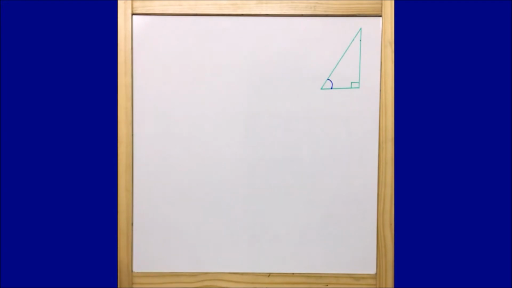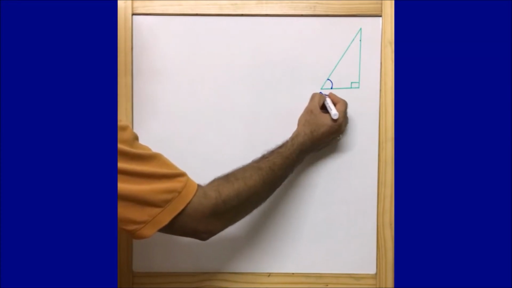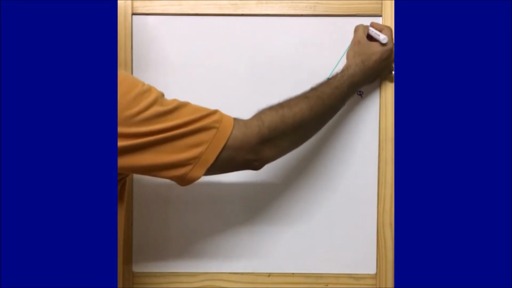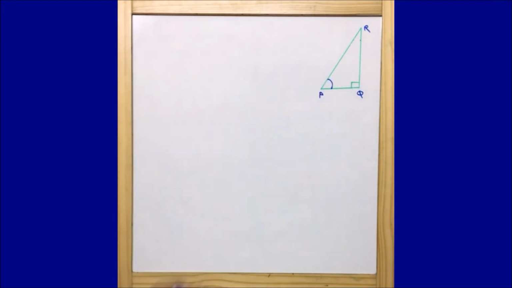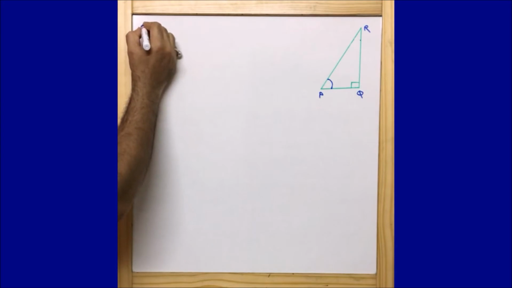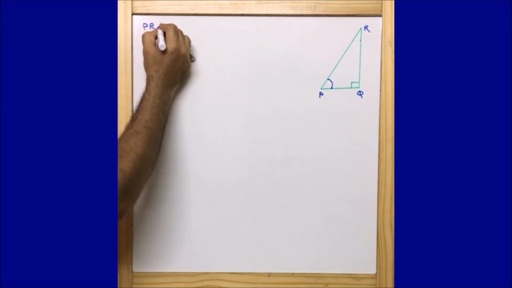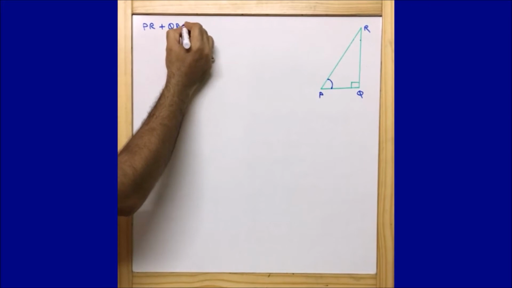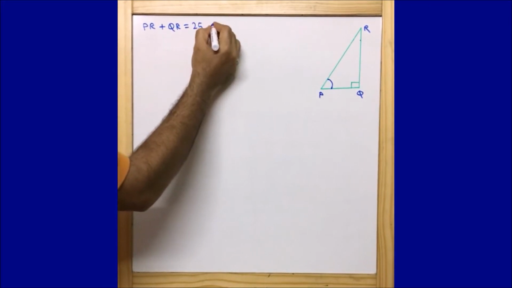Let me name these, PQR, right angle at Q. And it is given that PR plus QR is equal to 25.